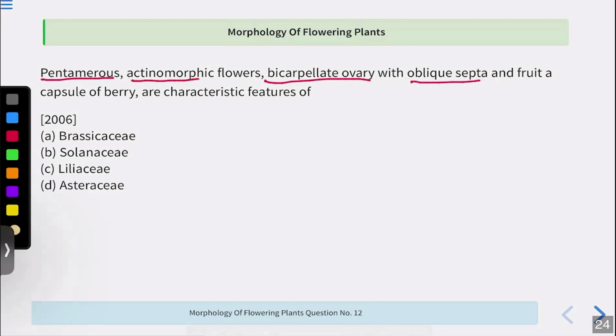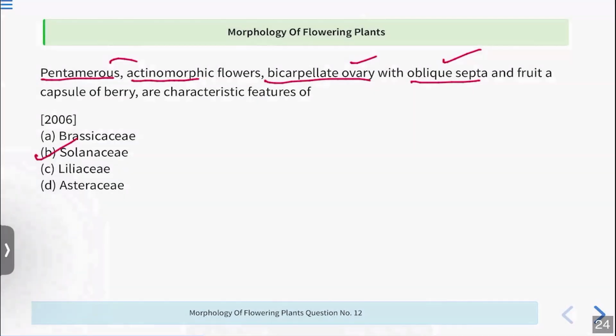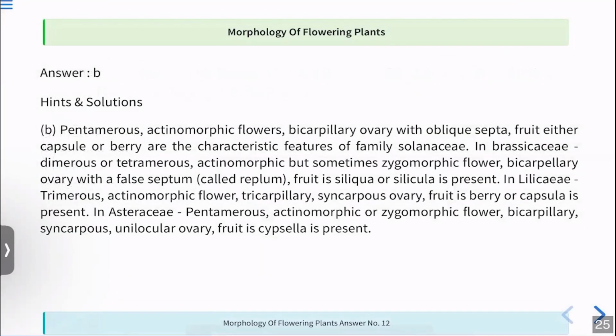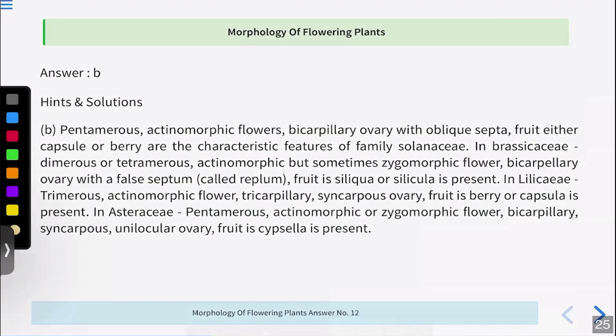Pentamerous actinomorphic is not that specific, but bicarpellate and oblique septa point you to Solanaceae. Okay, that is characteristic of your Solanaceae family.